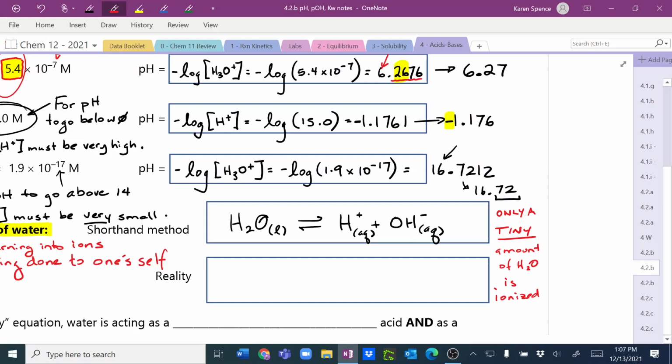Conductivity apparatus, have you seen one? Maybe, maybe not. Basically it's just something that says, is it conducting or not? One way to do that is if something will conduct electricity, the light bulb will light up. And we're going to start with some plain old water.